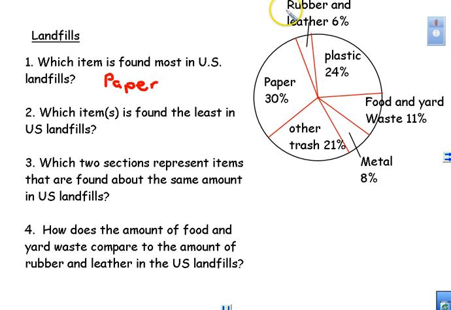So in this case, it would be rubber and leather are the least amount, at 6%. Now if there was another one on here that had the same percentage of 6%, then we would also add that to it as well.